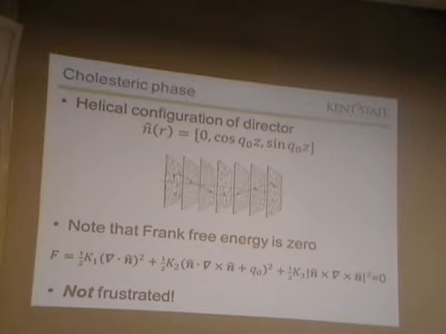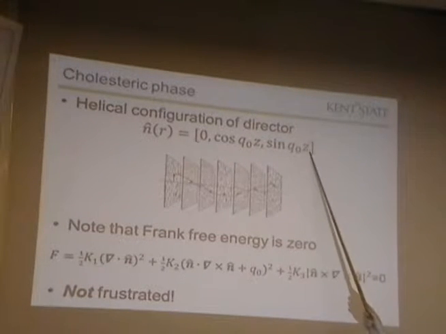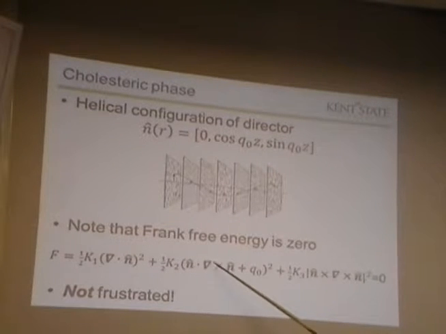But there's one feature of this that I really want to point out to you. And that is that the Frank free energy for this configuration is 0. If you take this configuration and you put it into the Frank free energy, it's identically 0. And 0 is as good as this thing can ever get.